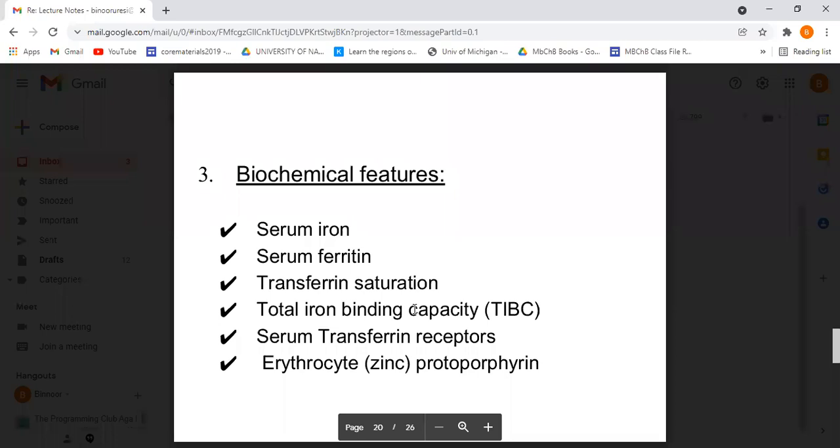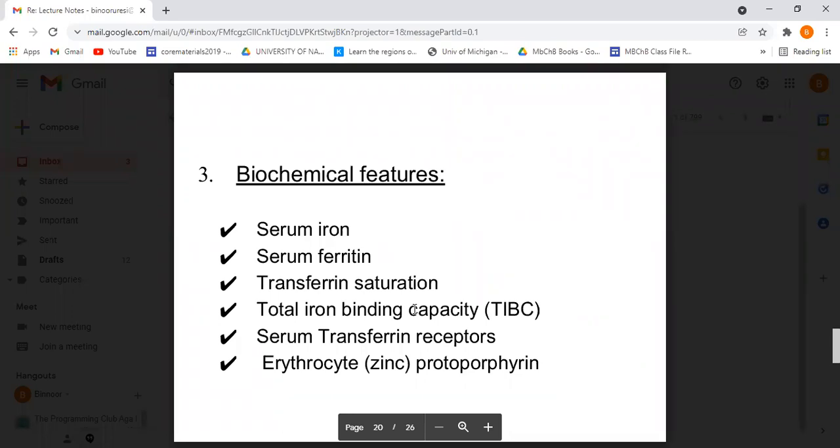The total iron binding capacity will normally be increased, because there's not enough iron in the body, so the binding capacity is increased. It's ready to absorb more iron. That's what it means. The serum transferrin receptors will also be increased because they're waiting to absorb more transferrin.